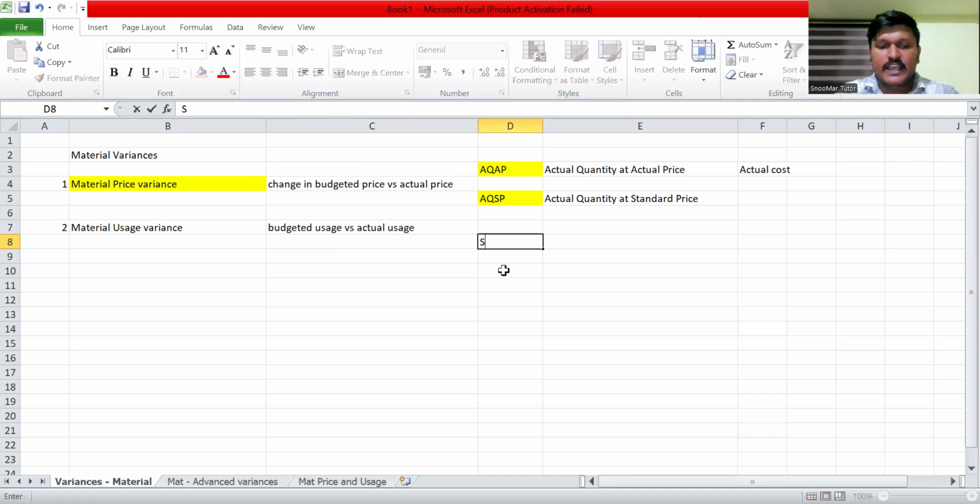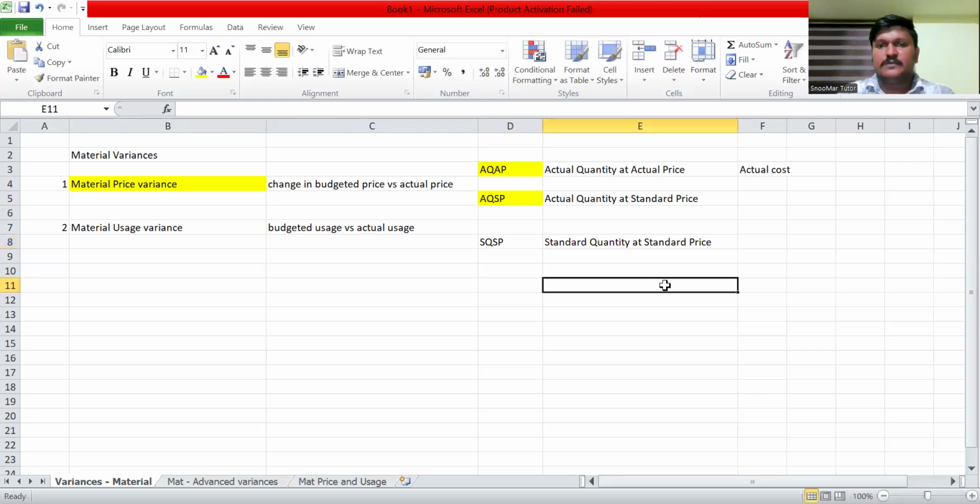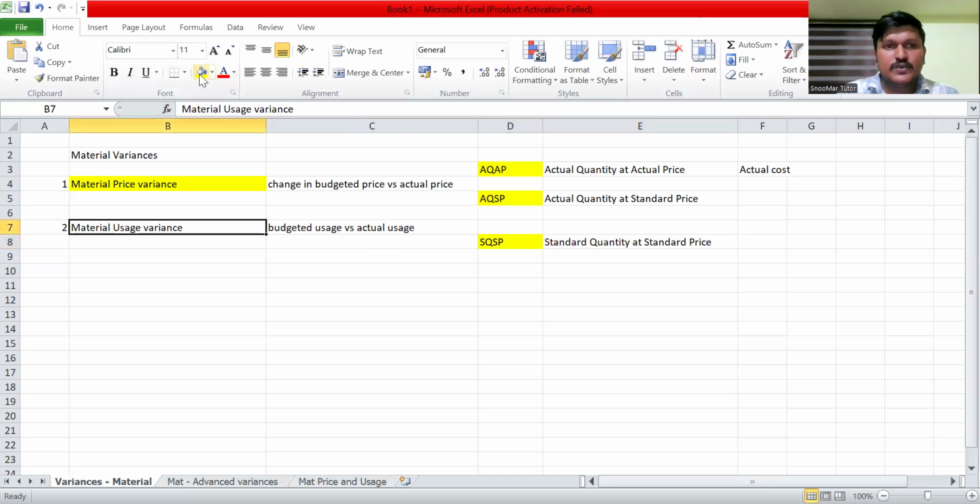So this will be SQSP, standard quantity at standard price. The difference between AQSP and SQSP will give you your material usage variance. This is the formula you will be looking at.